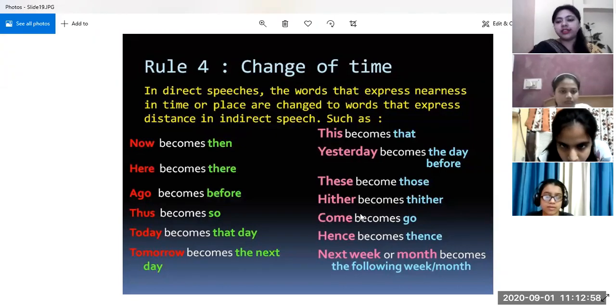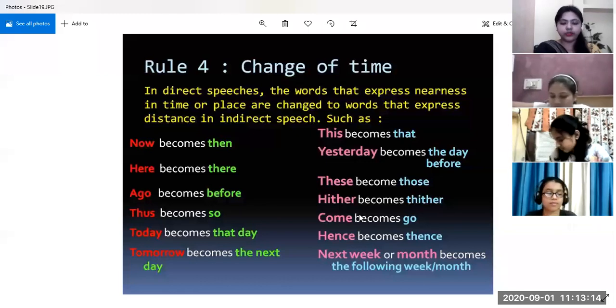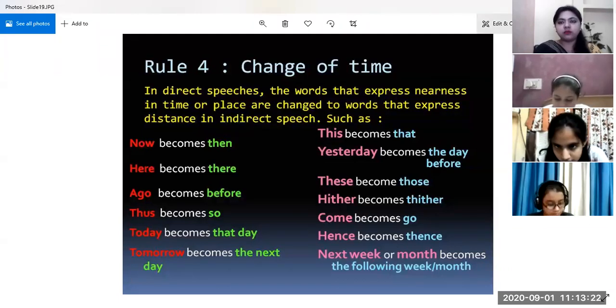Next week or next month becomes the following week or the following month. If you are sitting with your books, then on page number 132 this table has been given. You can put a tick mark over there and go through that. Page number 132, the third table, change of time expression. This is very important. You should keep this in your mind.